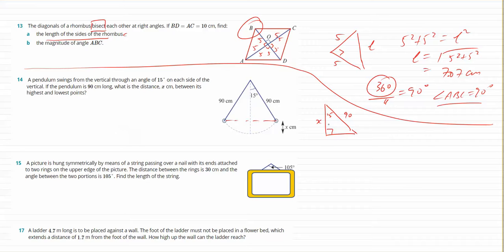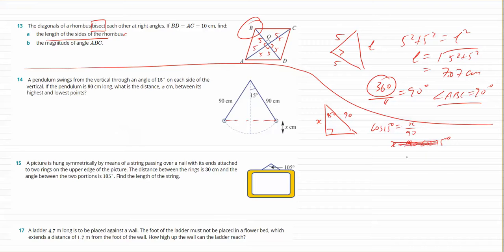That's my x for the highest point. Let's see what ratio we've got: adjacent, hypotenuse. So cos of 15 degrees equals adjacent, which is x, over 90. When I solve that, I get x equals 90 cos 15 degrees.